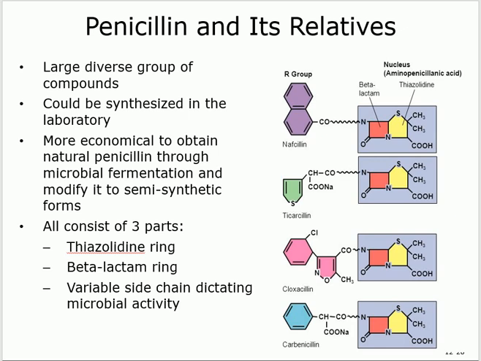So I mentioned that penicillin is a big category. It's a group of products. It's not just one. Okay? Some of these penicillins are natural. What natural means? You take it from the microbes themselves.